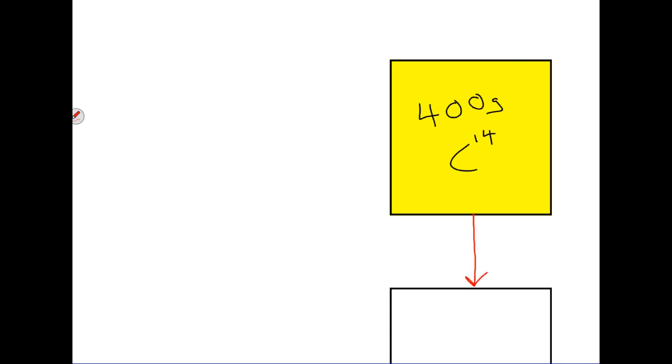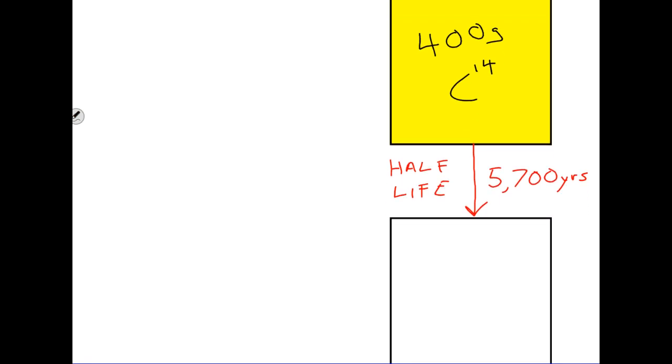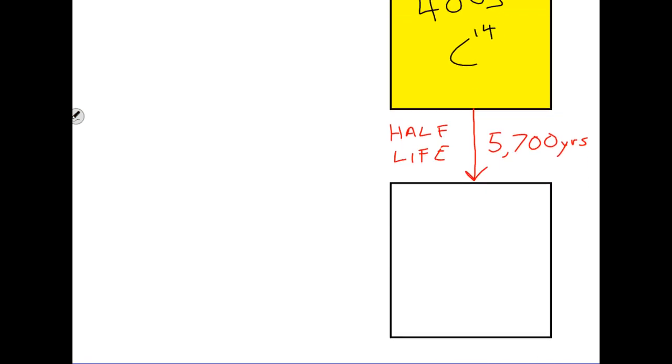And that amount of time, that half-life, for carbon-14 is 5,700 years. So if you had 400 grams of carbon-14 in a big box and you waited 5,700 years, you would only have 200 grams of carbon-14.